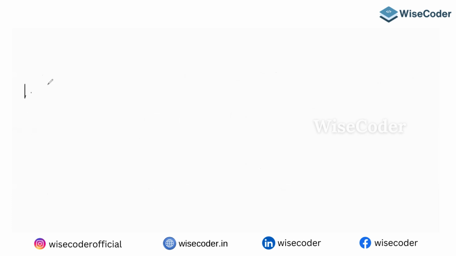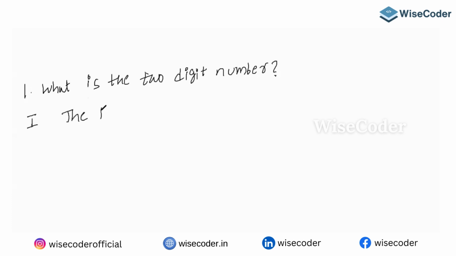What is the two-digit number? Statement 1 alone: the product of the digits is 24.